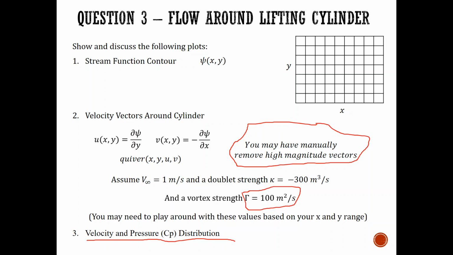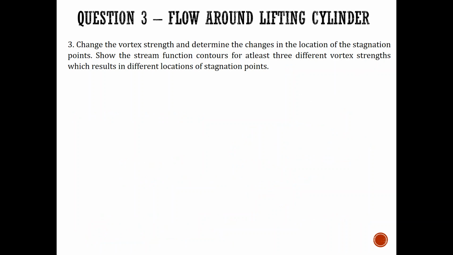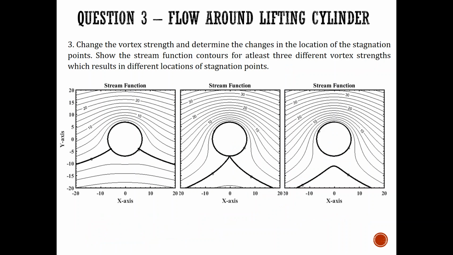We even talked about this a couple of videos ago, right, on how you can actually do that. So one more thing that you can do on the third question is basically look at how the flow field changes for different values of circulation. Remember, we came across this plot right there.